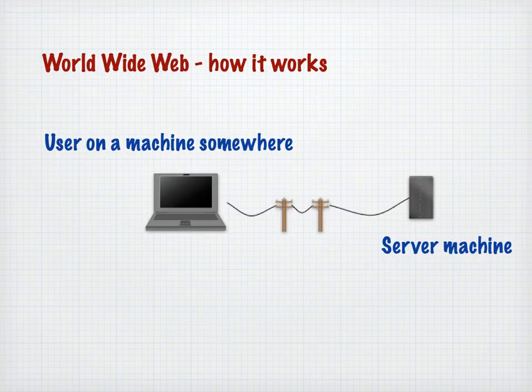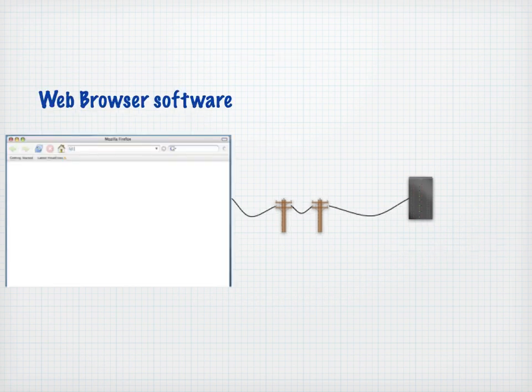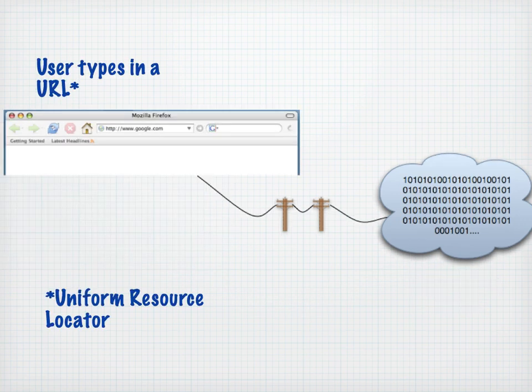With the web, we know that the way this works is that there's a user on a machine somewhere and there's a server in the background. More specifically, you've got web browser software and web server software running in the background. When the user types in an address like google.com, that's a URL, which stands for Uniform Resource Locator.